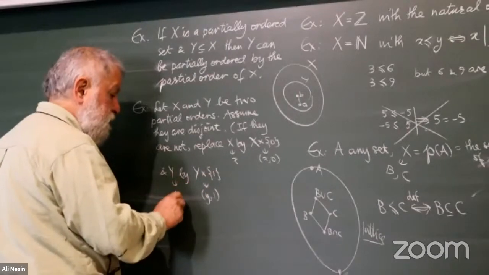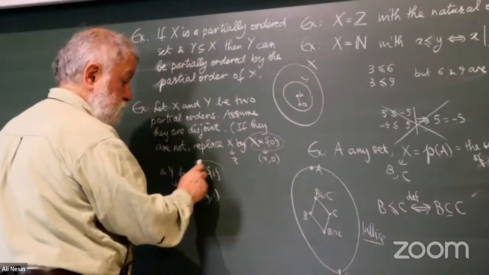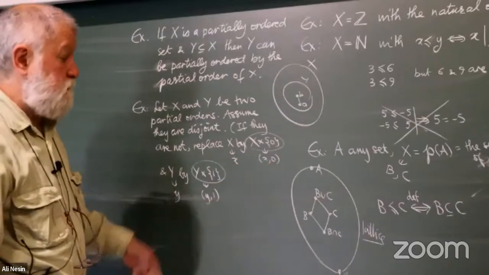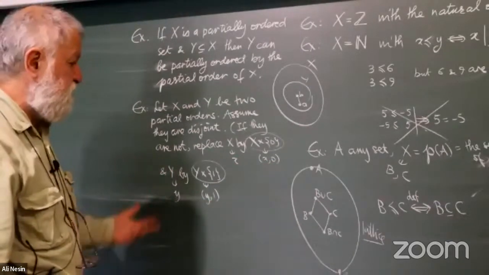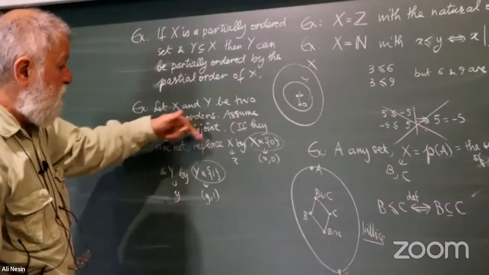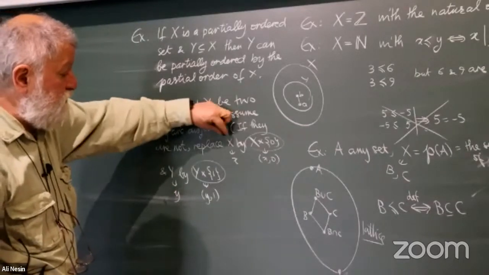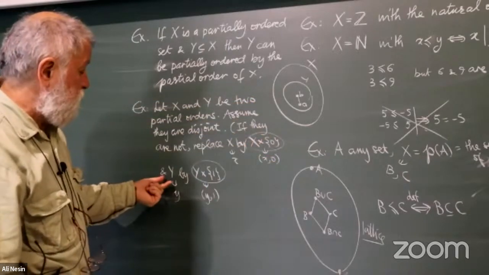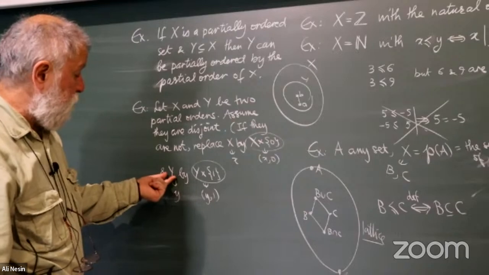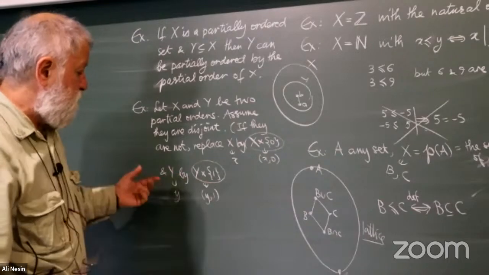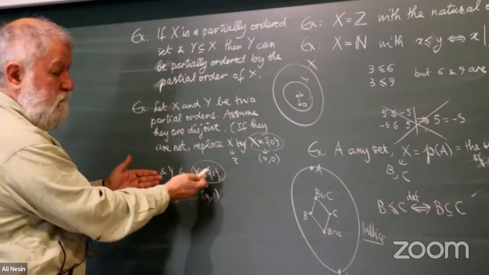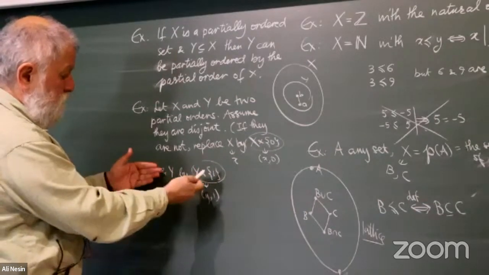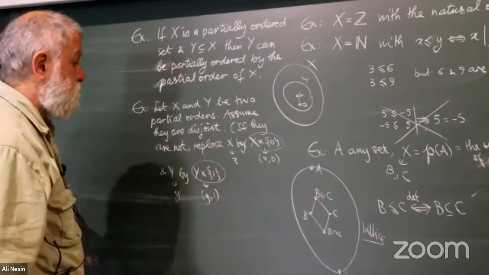Now these sets are disjoint, because the last coordinate here is 0, and the last coordinate here is 1. So this is a trick to make two sets disjoint. And now X is partially ordered. Of course, you can transfer this order to here. You just forget about the second coordinate. And also you can transfer the order of Y to this set, because there's no difference between this set and this set in set theory. They are the same sets.